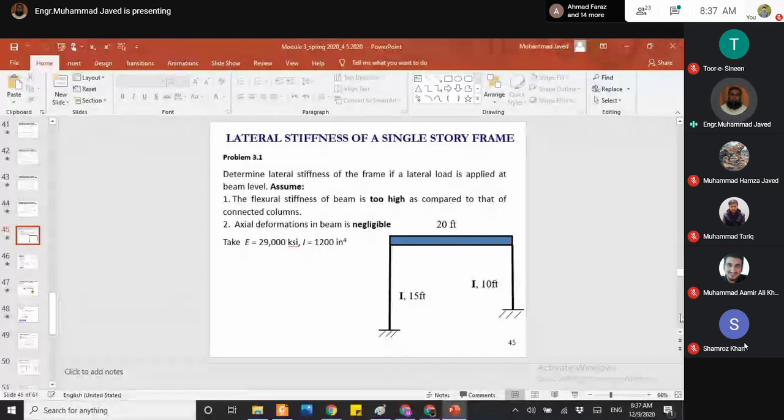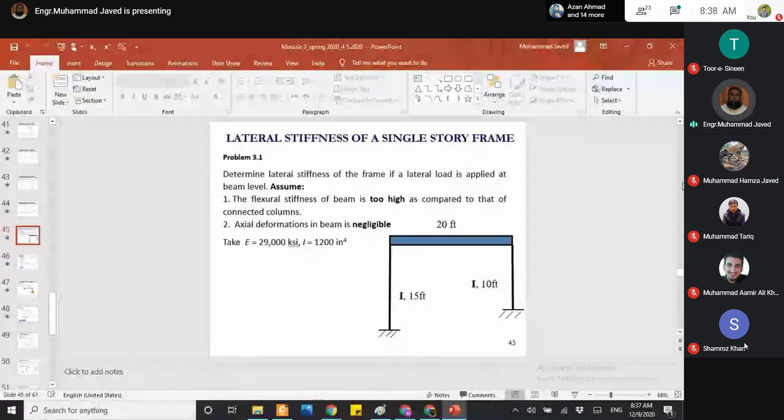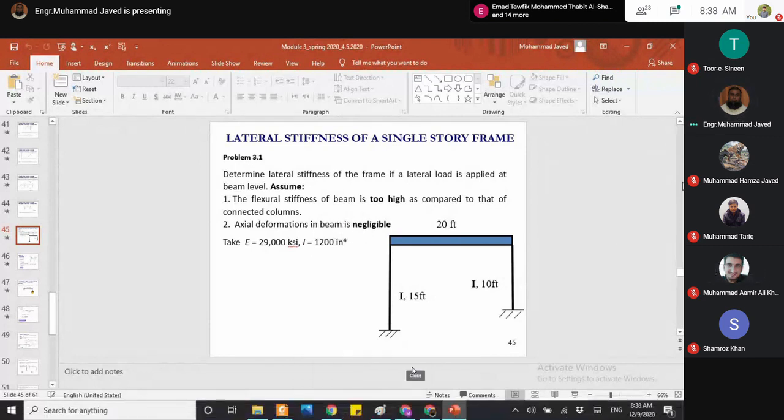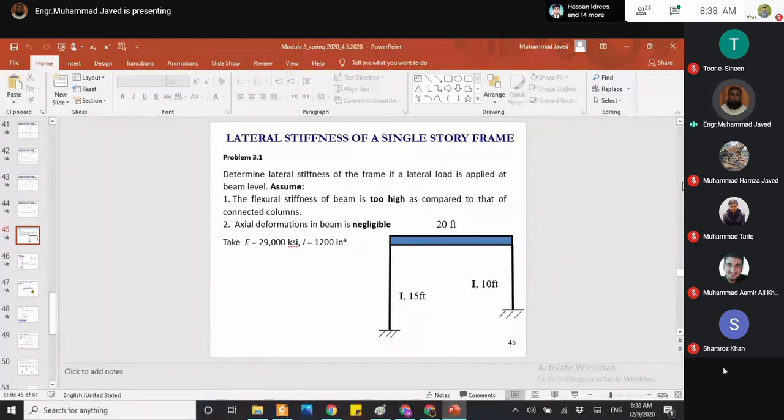So you just insert the value of E and I and you can calculate the stiffness of the system. Now, first of all, we will have to decide whether this system is an example of springs connected in series or springs connected in parallel.